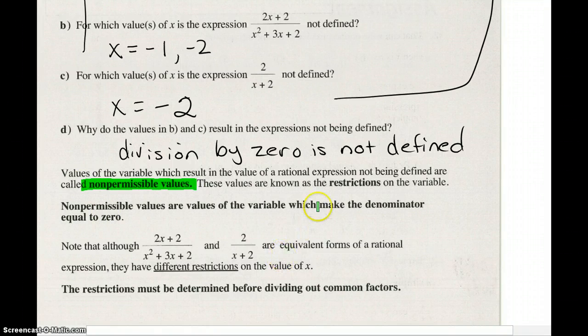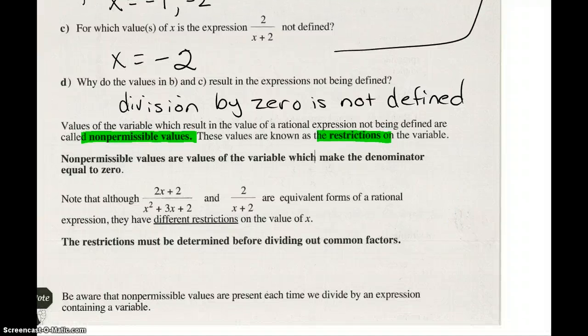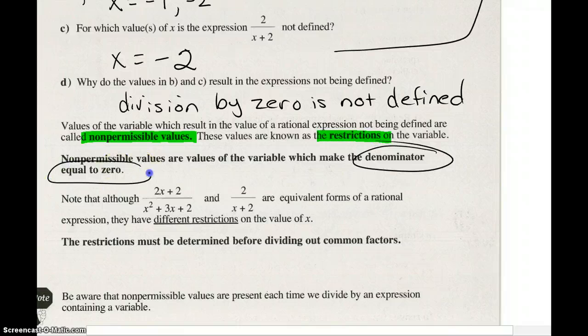These values are known as the restrictions, and we've talked about this a little bit, but we're going to call these non-permissible, the ones where we end up getting a non-defined or undefined. Non-permissible values are values of the variable which make the denominator equal to 0.